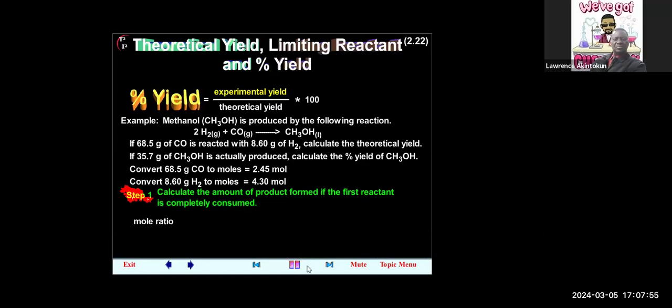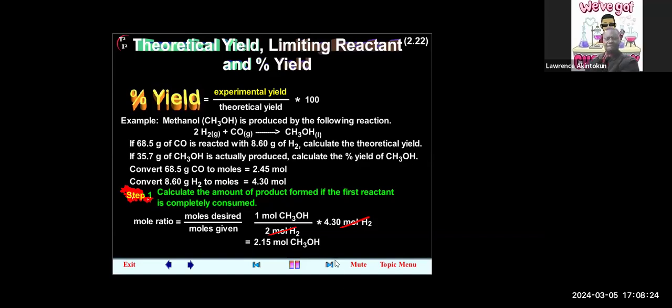Mole ratio is equal to moles desired divided by moles given, which is 1 mole CH3OH divided by 2 moles H2, times 4.30 moles H2, which is equal to 2.15 moles CH3OH.